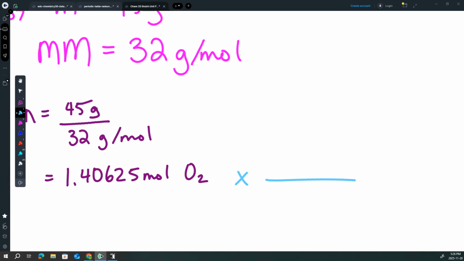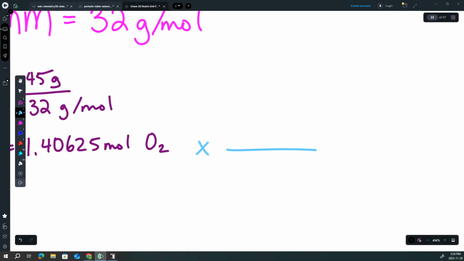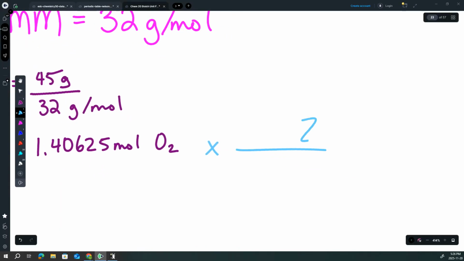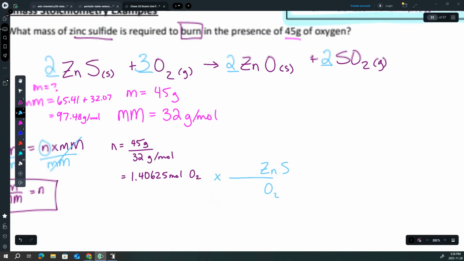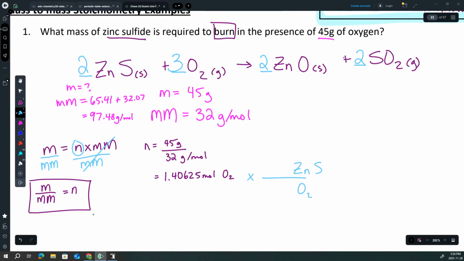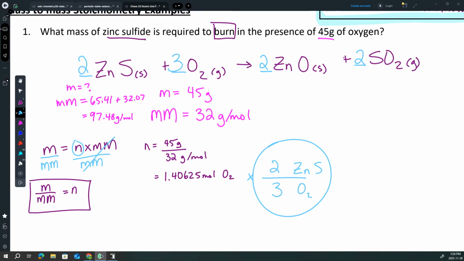So times by a fraction sign. What we want is zinc sulfide, and what we're given is oxygen. The coefficients in front of both of those are 2 and then 3. This is why you need a balanced chemical equation, so that you can actually write out your mole ratio.